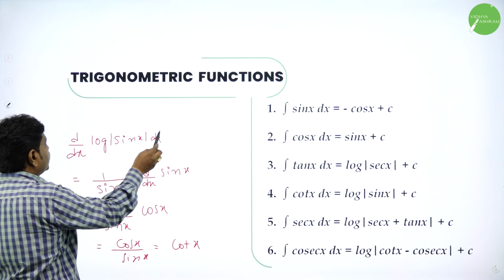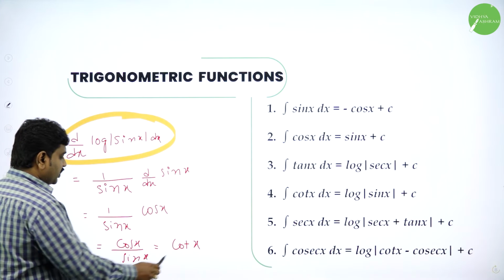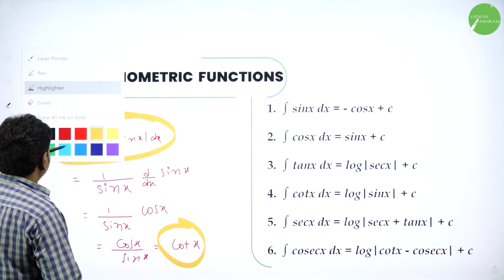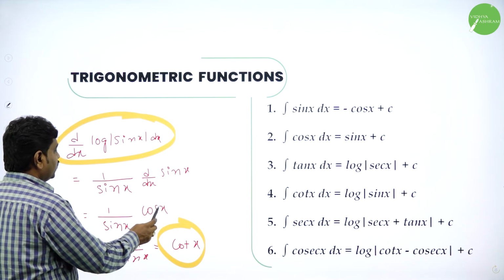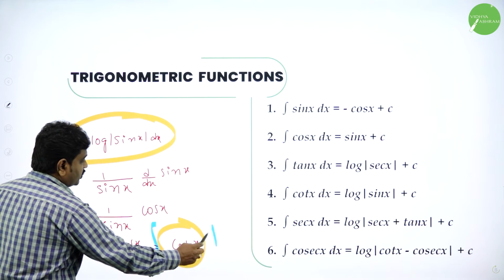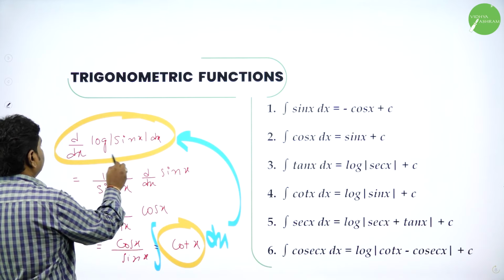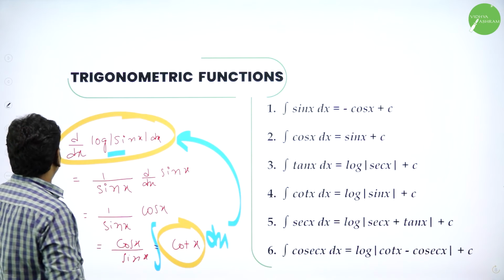So when I differentiate log of sin x, my answer is cot x. That's why when I integrate cot x with respect to x, I should get this as the answer. Hope all of you got this.